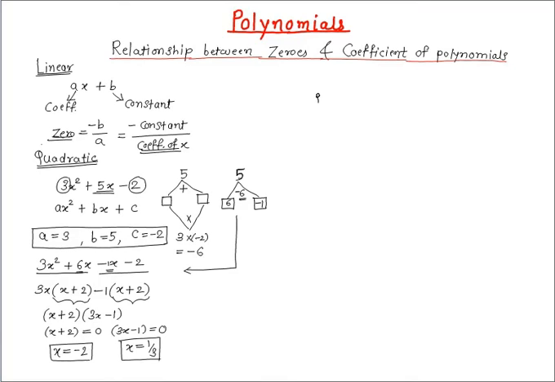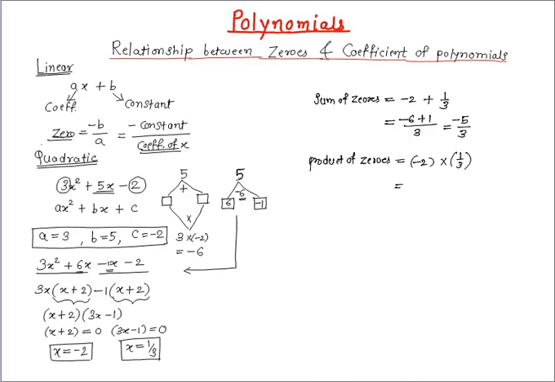We get sum of zeros equals minus 2 plus 1 by 3, which is nothing but minus 6 plus 1 divided by 3, which equals minus 5 by 3. Now similarly, let's find the product of zeros. We get minus 2 into 1 by 3. So it is minus 2 divided by 3.